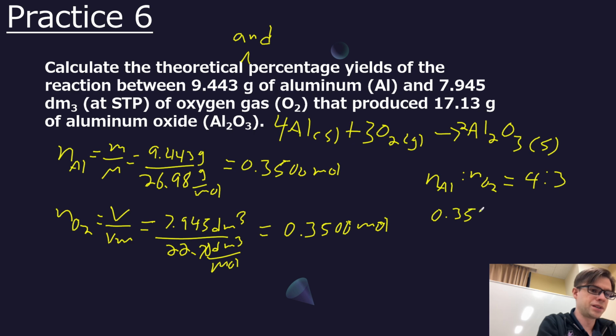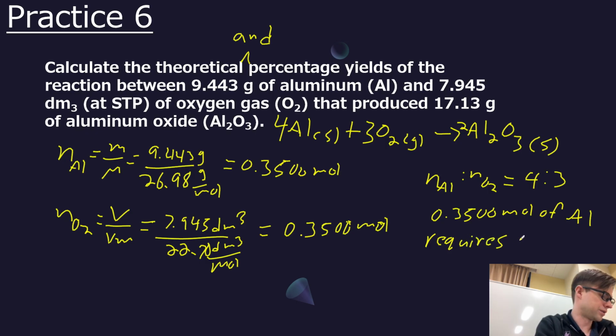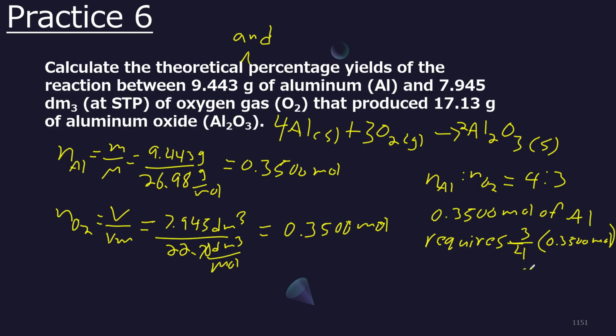If we consider aluminum might be limiting, 0.3500 mole of aluminum requires, target on the top of the fraction, 3/4 multiplied by the amount of the proposed limiting reactant, 0.350, and that equals about 0.2625 mole of O2.